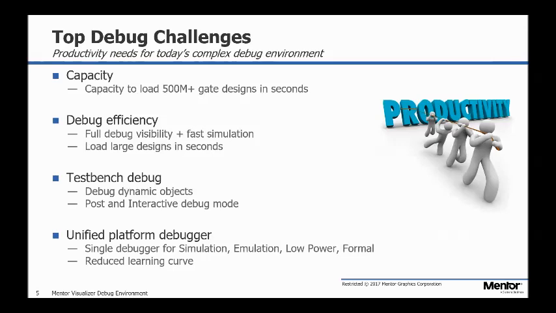So as these designs are getting bigger, we really feel like we need something that can handle that. Debug efficiency is just, we've tried to design Visualizer such that things that take you 10 or 12 clicks to do in the original debugger now maybe take you 1 or 2.